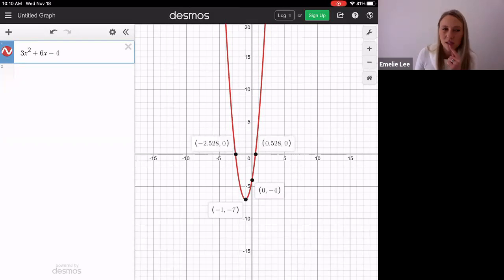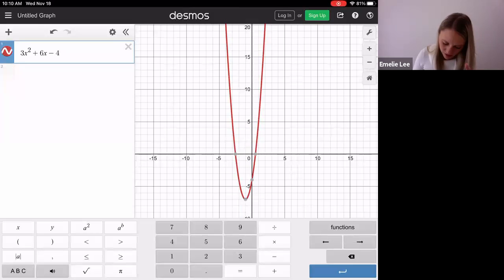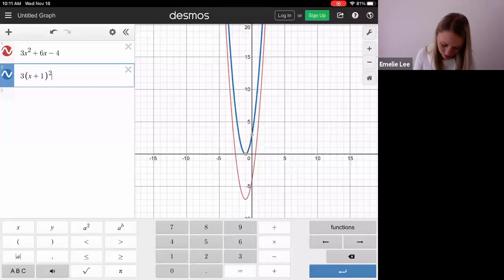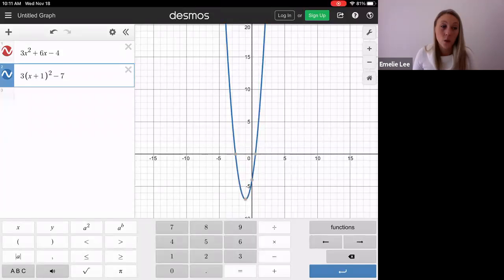Okay, so my first x-intercepts were correct. Now let me just graph 3 times x plus 1 squared minus 7. They're overlapping, which is a good thing.